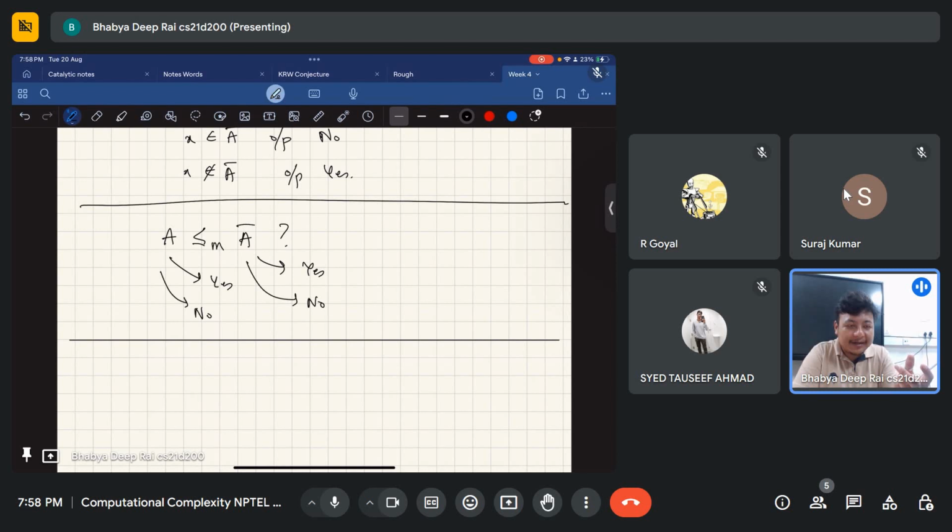I need weaker reductions to actually separate two different classes. It depends on what kind of lens I am looking through. Do I need a magnifying glass or a telescope? If I need to separate NP and CoNP, I need a many-one reduction. A Turing reduction would not be able to distinguish the two.